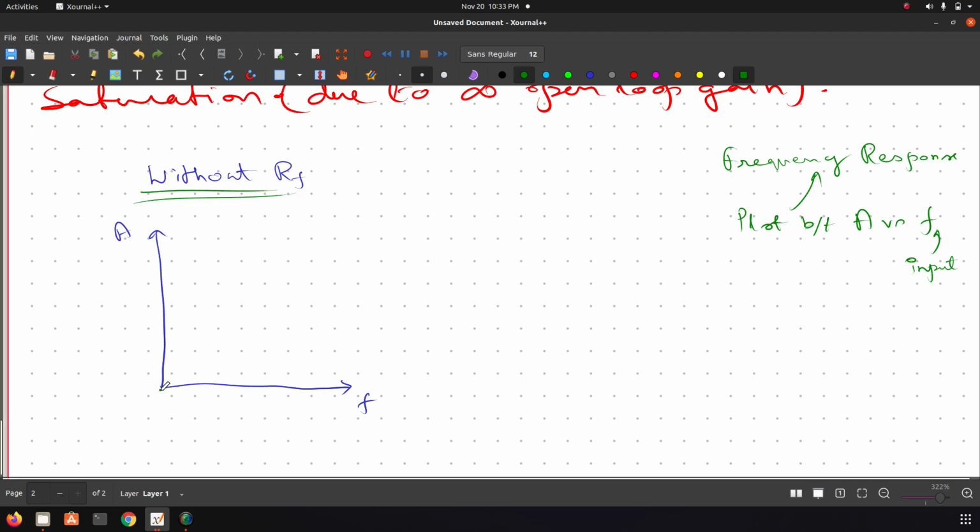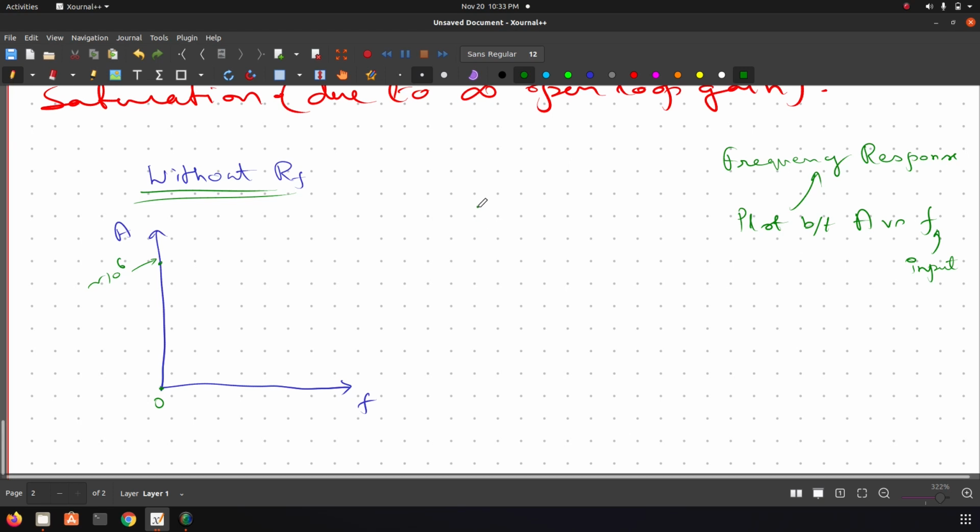At DC, at 0 frequency, the gain of the op amp, as I said earlier, is of the order of 10 power 6.